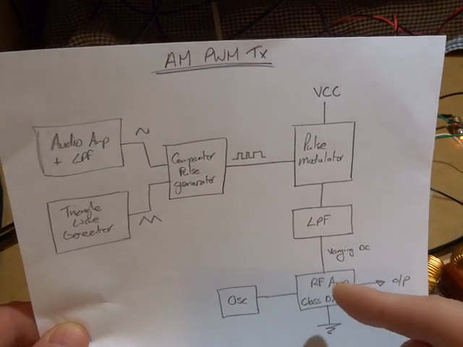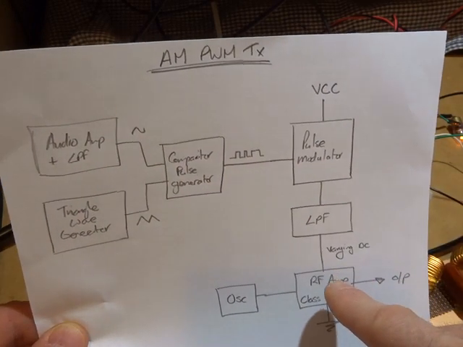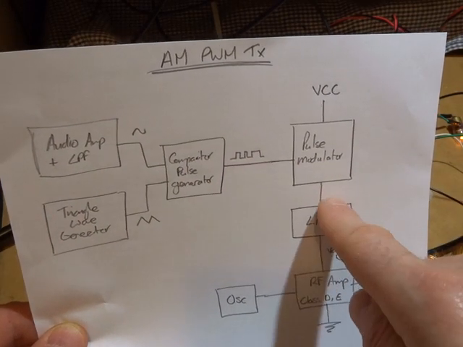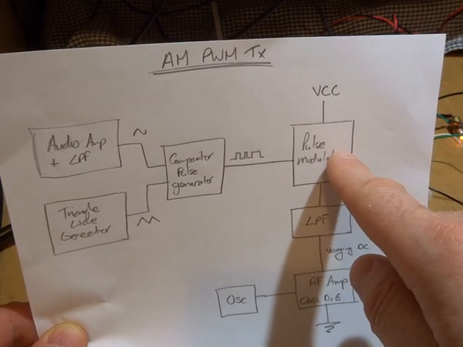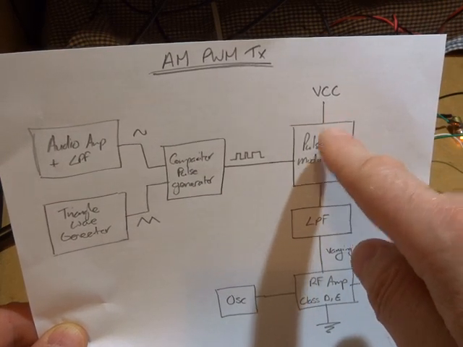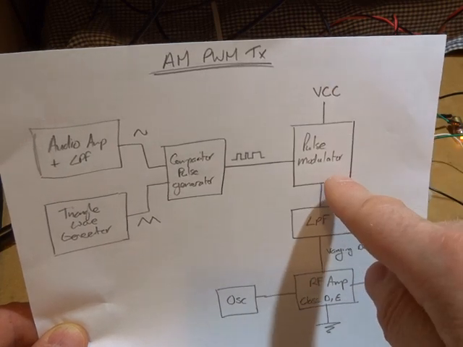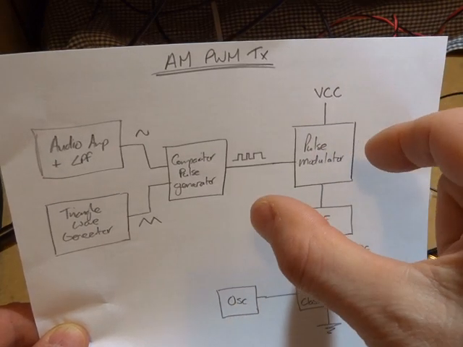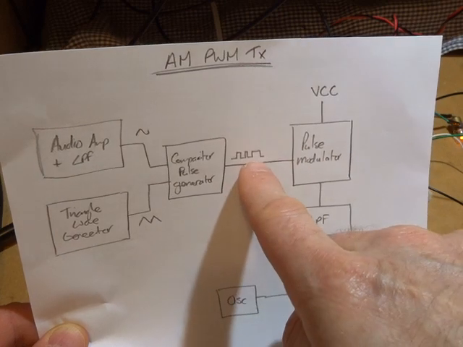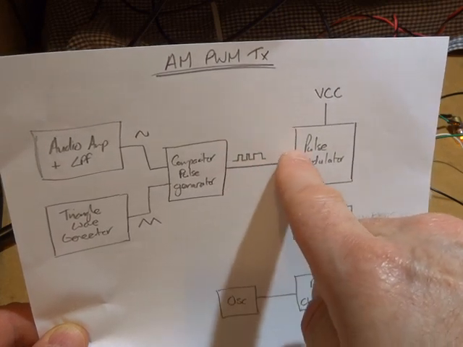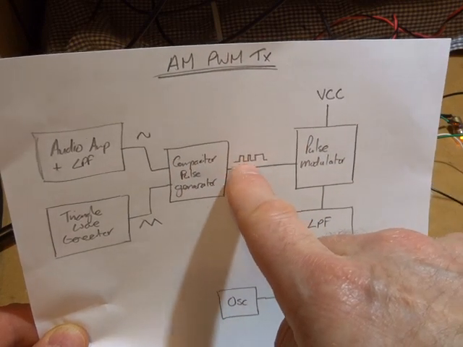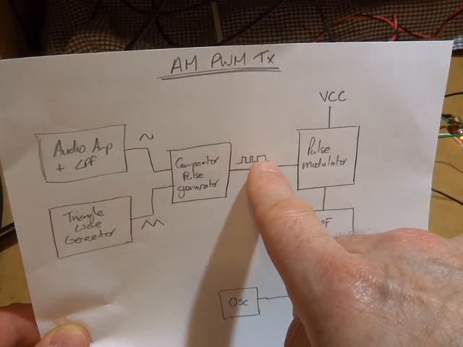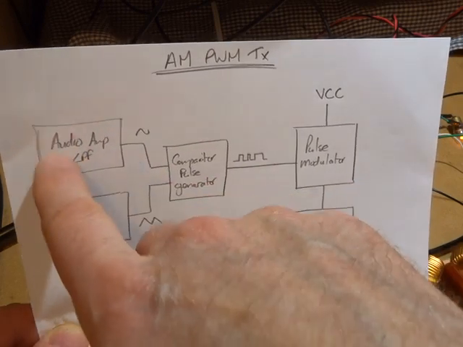Moving back around, the way this works, at this point here we have this pulse modulator, which is essentially a switch, and it's switching on, off, on, off, on, off our VCC, and the rate at which that's being turned on and off is a function of this pulse stream that's coming out. The width of those pulses is a function of the audio frequency.